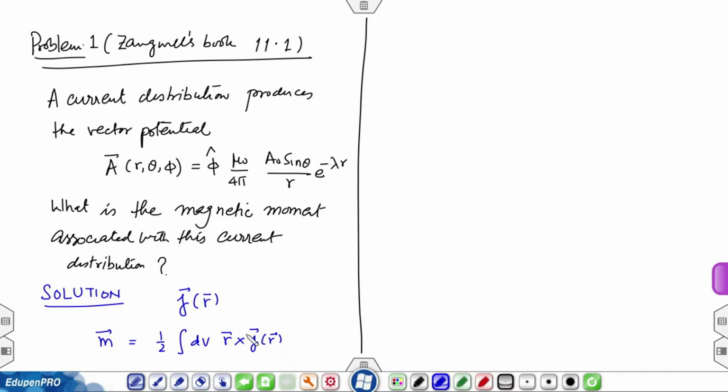And how do I calculate J(r)? J(r) is related to the Laplacian of the vector potential.